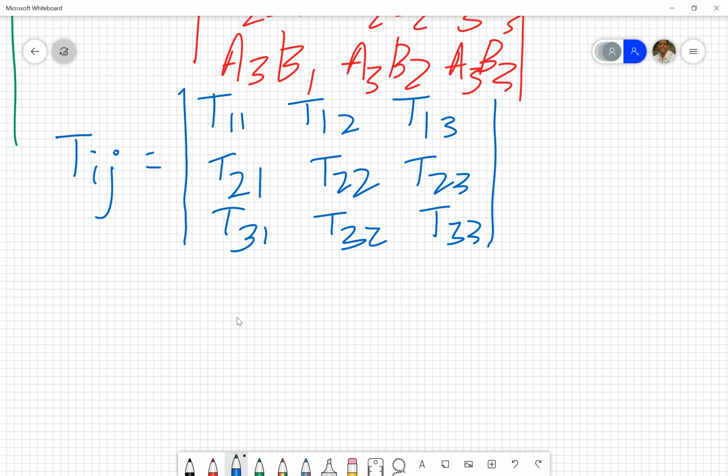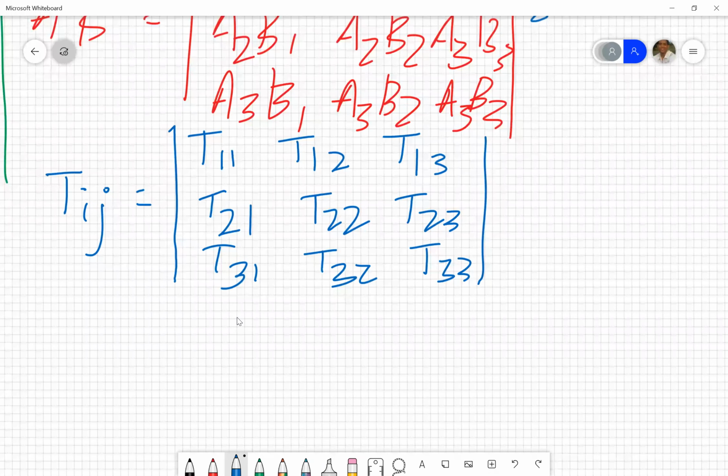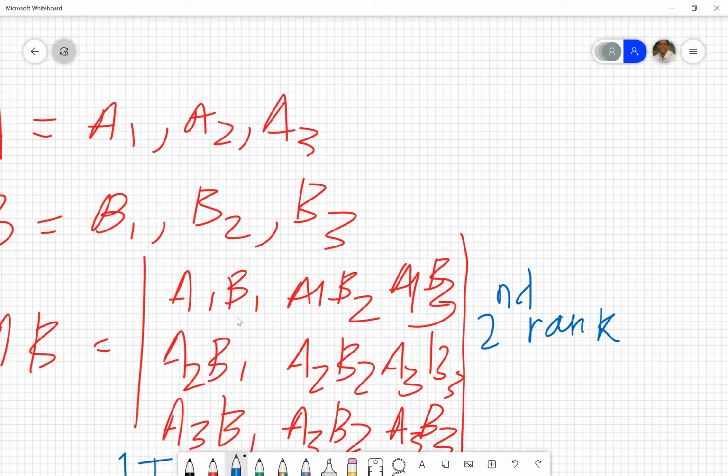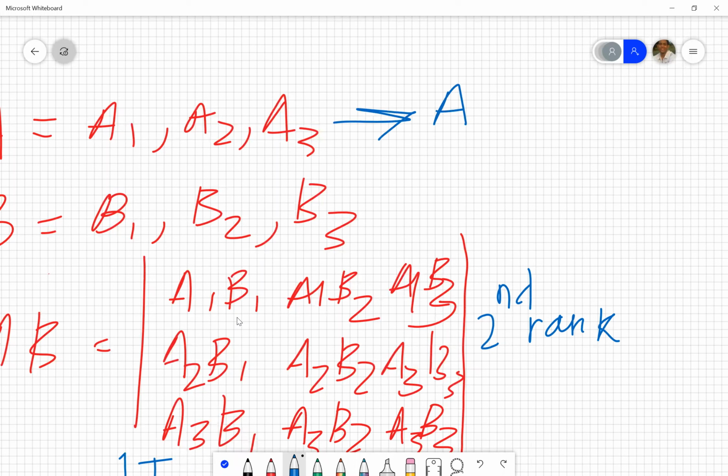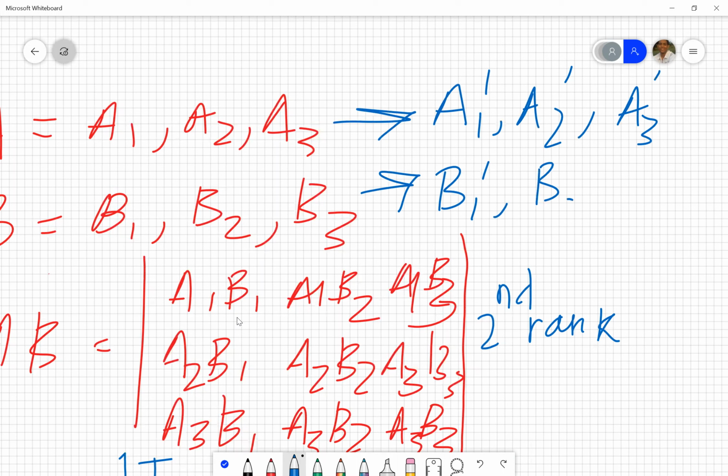Similarly, for the transformation of the vector components of A, we write A1 dash, A2 dash, and A3 dash. Similarly, we have B1 dash, B2 dash, and B3 dash. These are the transformations.